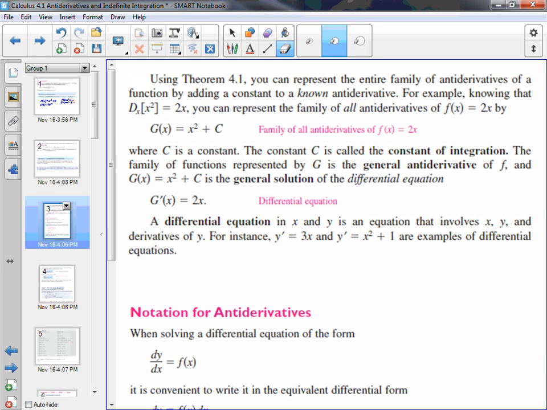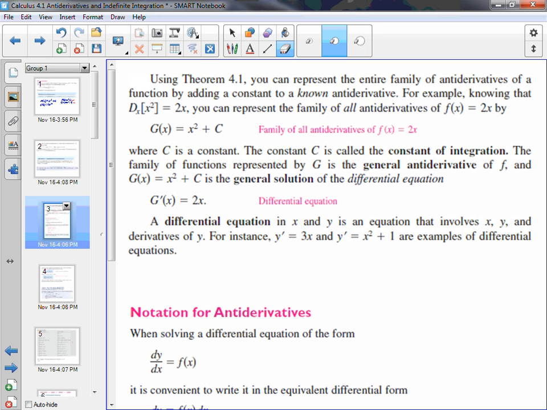For example, knowing that the derivative of x squared equals 2x, you can represent the family of all antiderivatives of f of x equals 2x by capital G equals x squared plus C. Because x squared is an antiderivative of 2x, so x squared plus C represents the family of antiderivatives of 2x. And C is a constant. Okay? Now, this C is called the constant of integration.